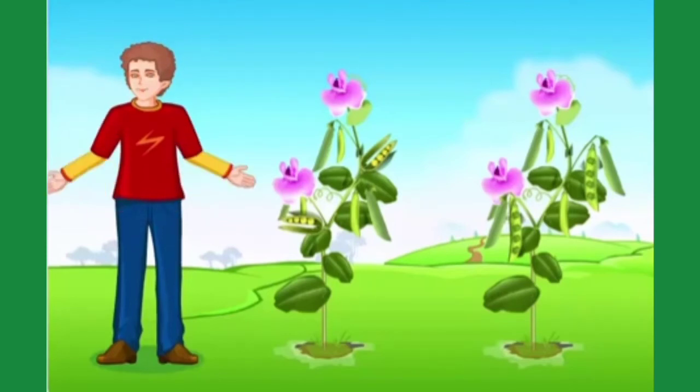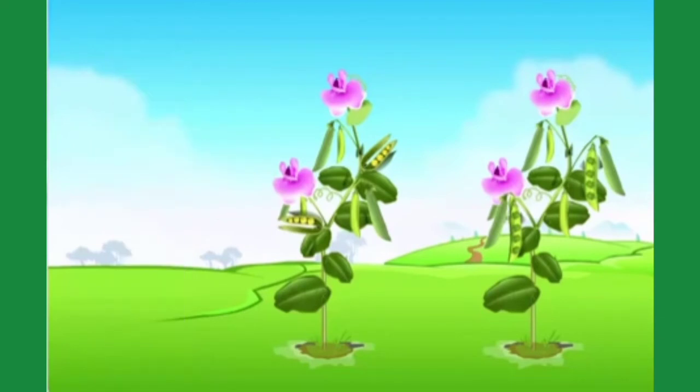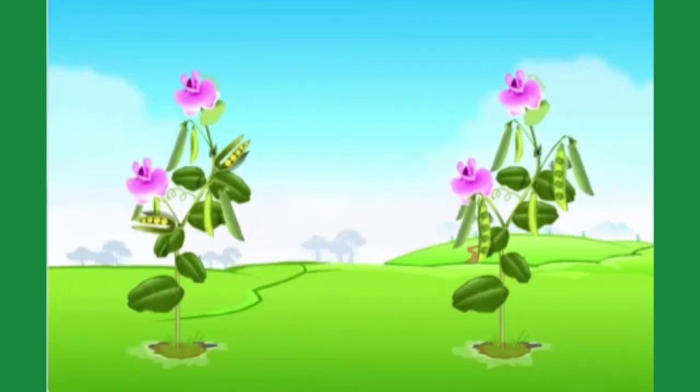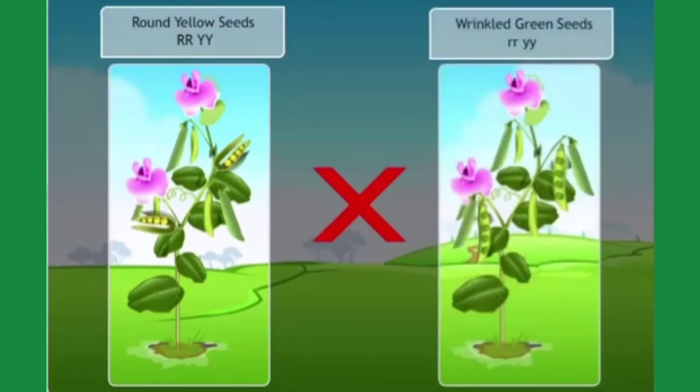What happens if pea plants of two different characteristics are bred with each other? That's an interesting question. Let's consider a hypothetical situation. We cross a plant producing round yellow seeds, RRYY, with a plant producing wrinkled green seeds, rryy.